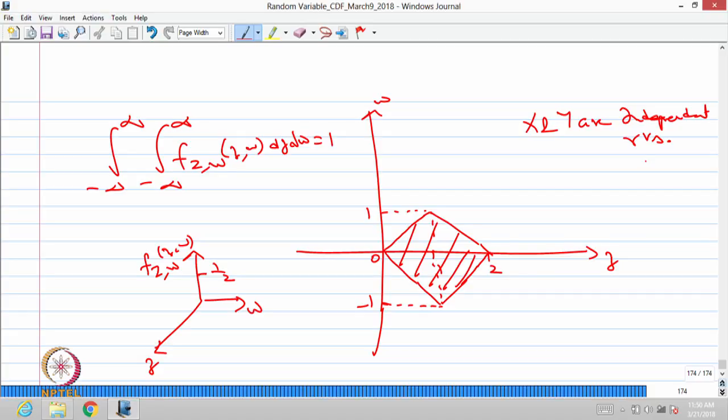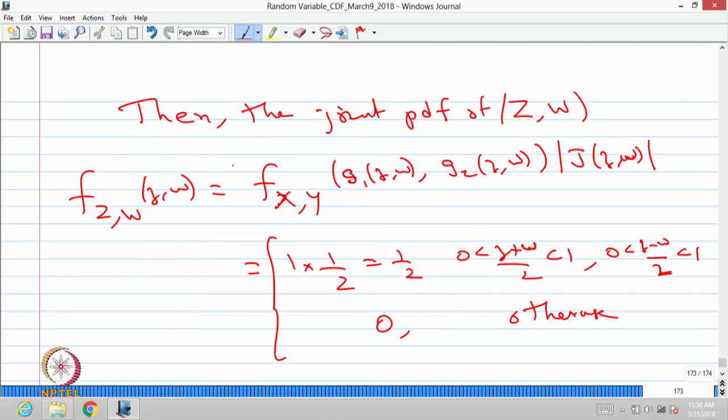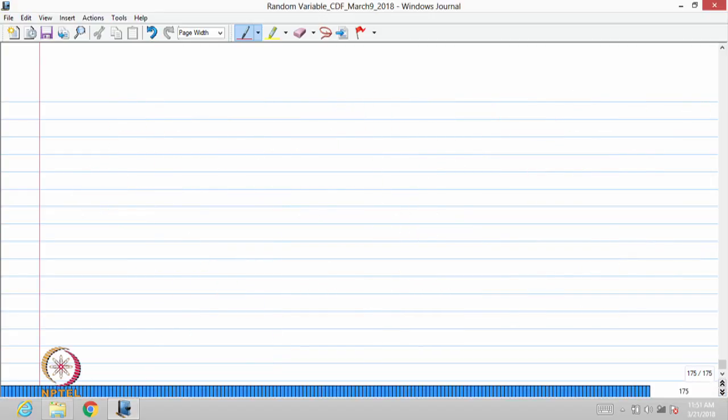whereas the joint probability density function of Z and W is 1 by 2 between this interval. If you find the marginal distribution of Z, by integrating the joint probability density function of Z and W with respect to W, one can get the answer.